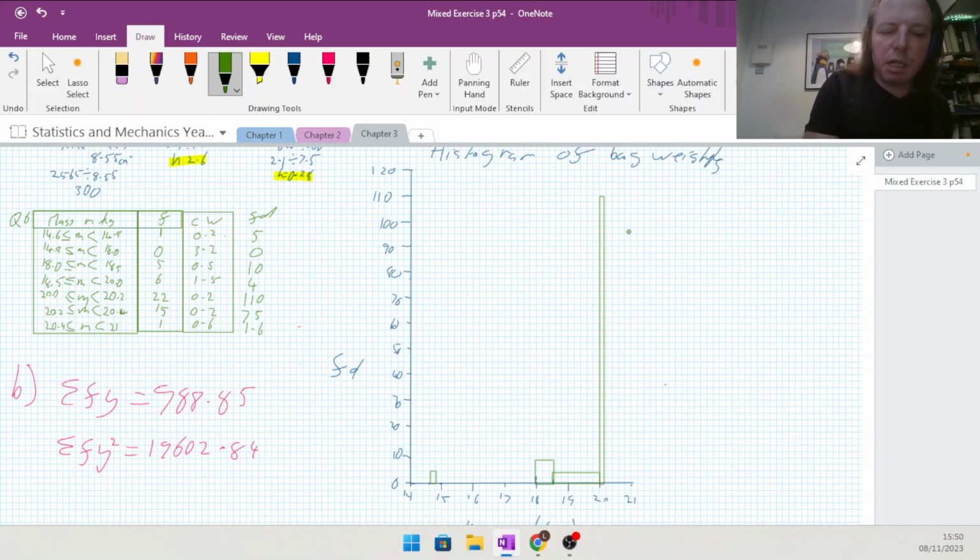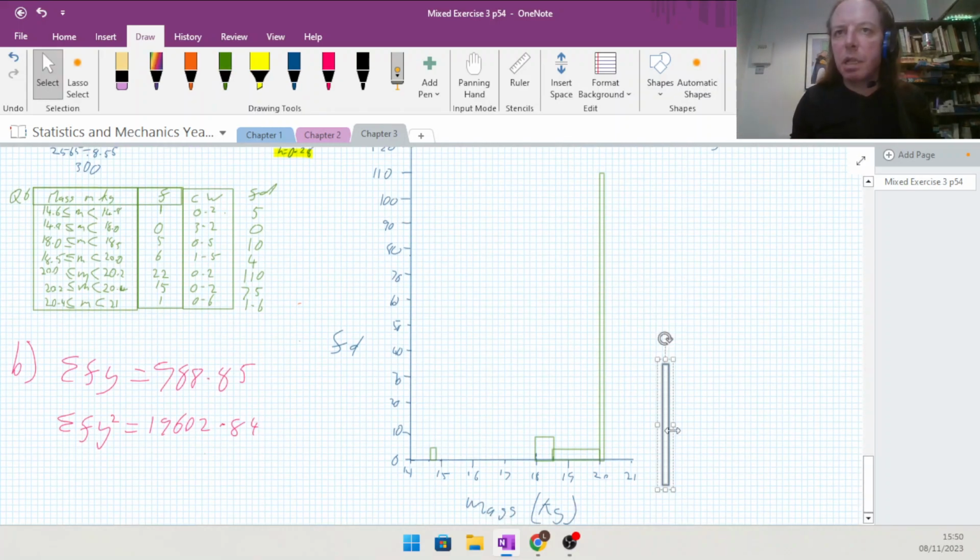The next one is also 1 block wide, and it goes to 75. That's 80, so about there.